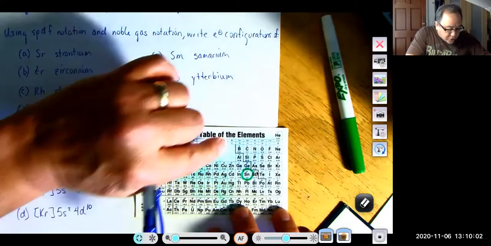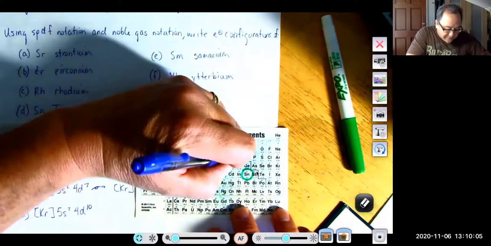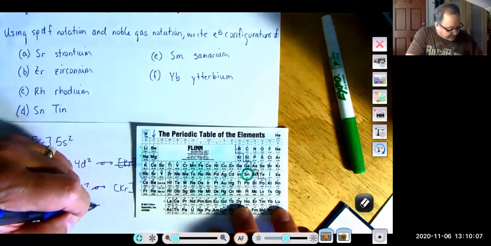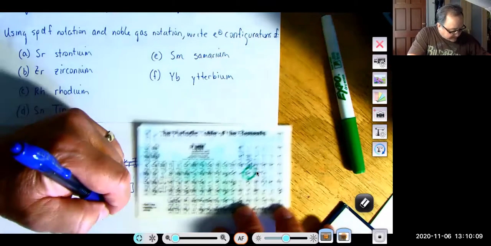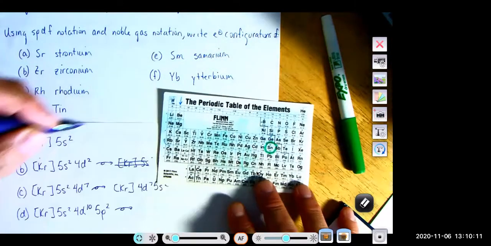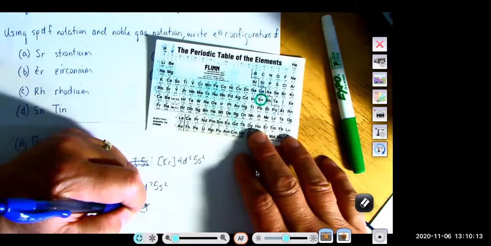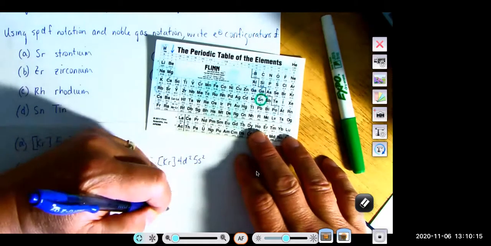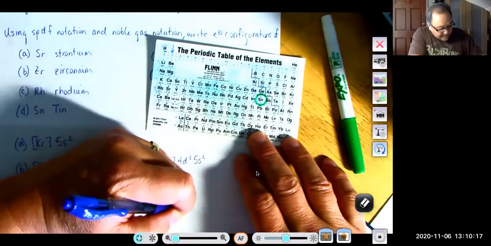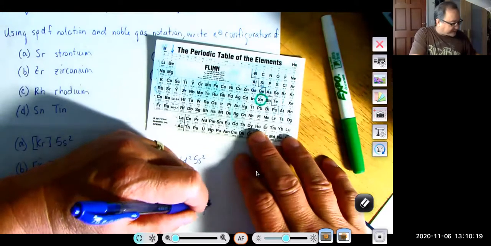So 2p, 3p, 4p, 5p. So 5p2. It rearranges as 4d10, 5s2, and 5p2. That's right. So you've got this.